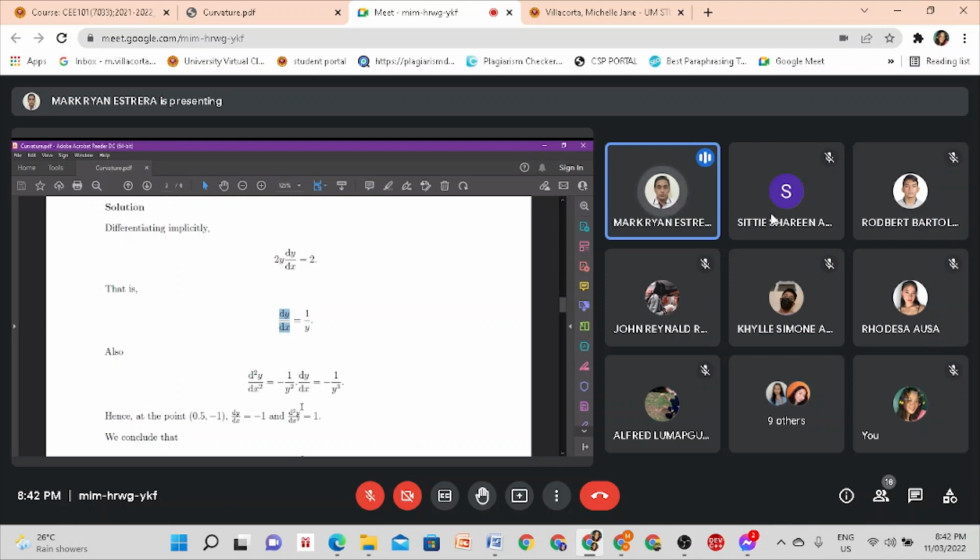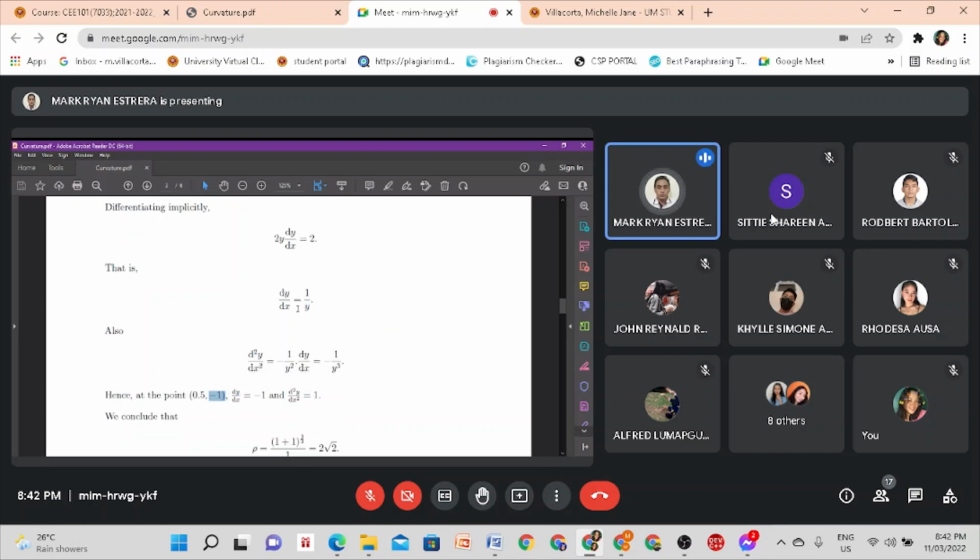So we will basically substitute the given point from earlier. Since only y can be substituted, substitute the -1 there. And so substituting the -1 to this 1 over y and the -1 over y cubed.